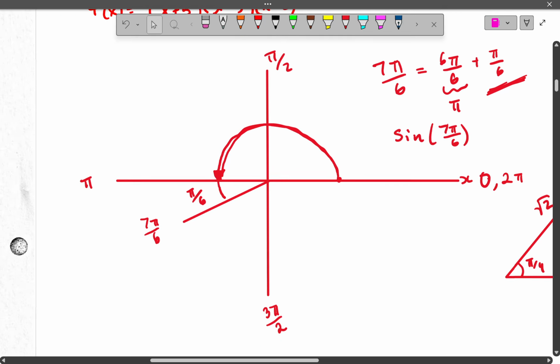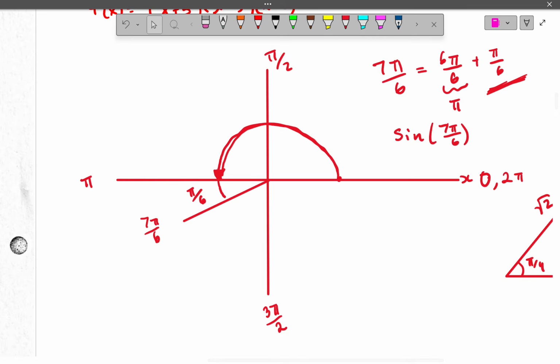And just like we saw before, we need to ask ourselves if sine is positive or negative here. So we're going to again use the CAST rule to determine that. So it goes like this: C-A-S-T. And we notice that the only trig ratio that's going to be positive in this quadrant is going to be tangent.